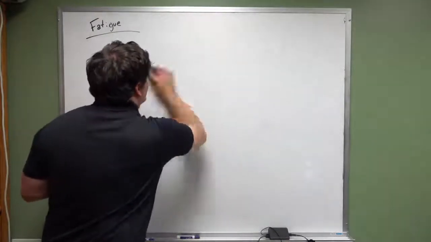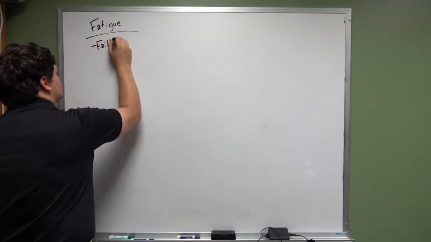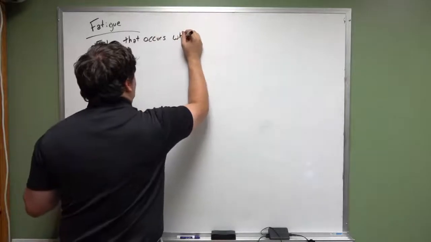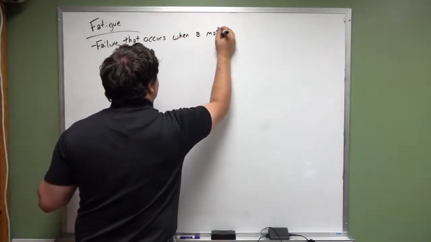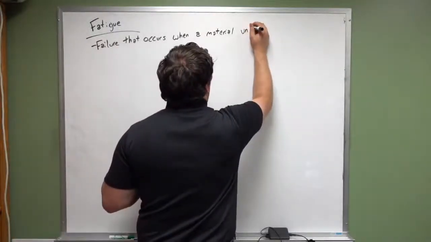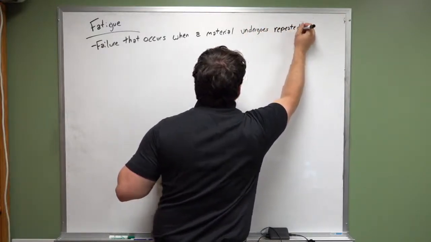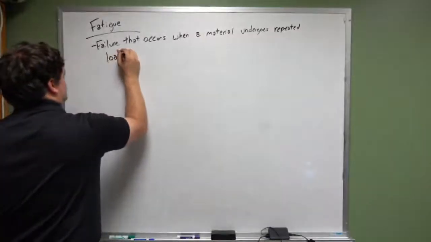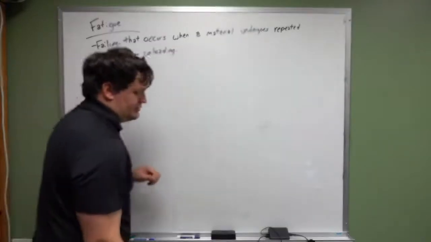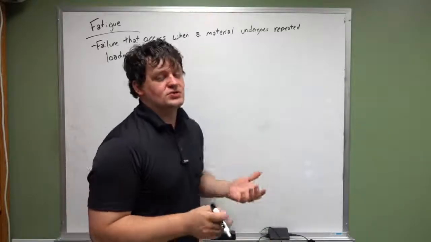So the very principle behind fatigue is that it is failure that occurs when a material or a component or some item undergoes repeated loading and unloading. Okay? So when you have a changing loading value, this is ultimately fatigue.